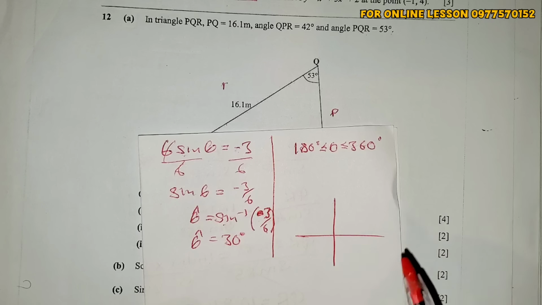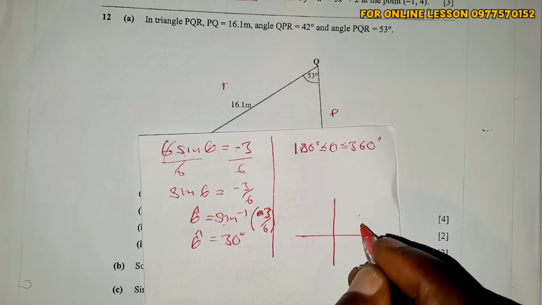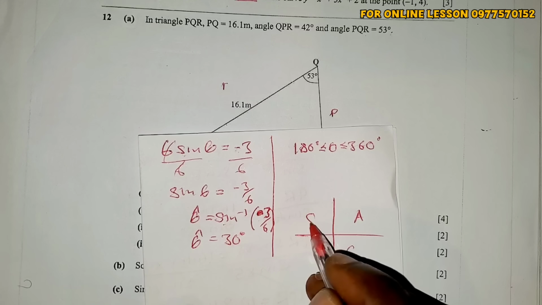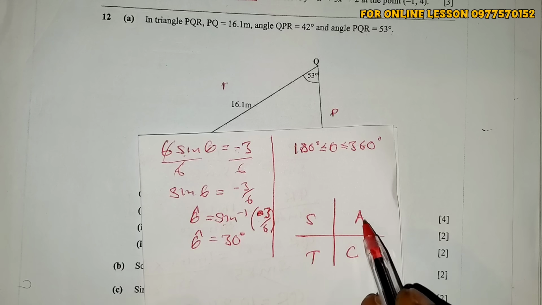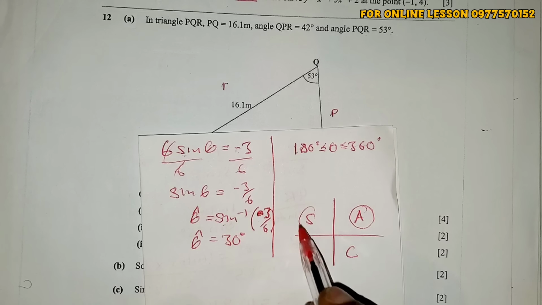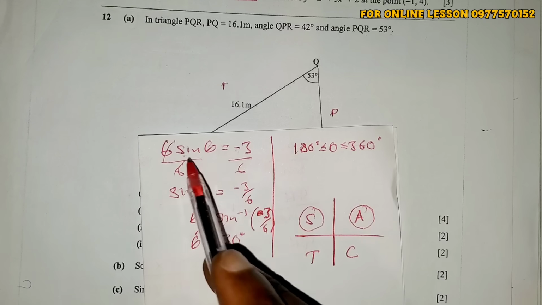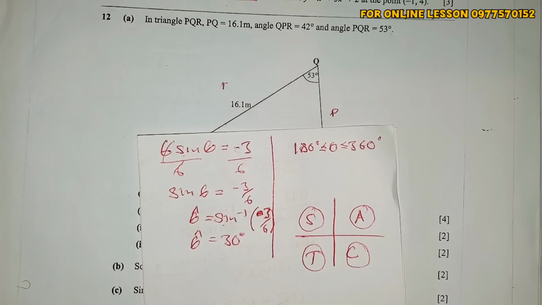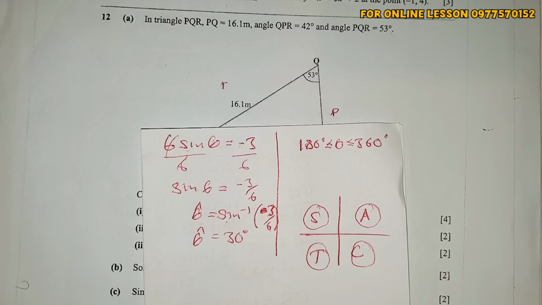This is CAST. Sine is positive in the first quadrant and second quadrant, and sine is negative in the third and fourth quadrant. Are you getting the point?